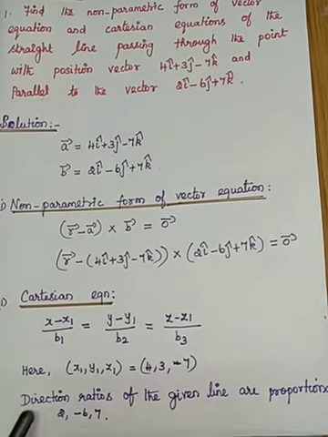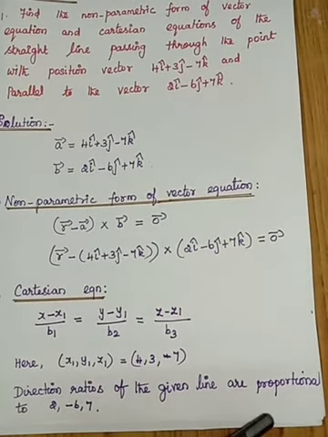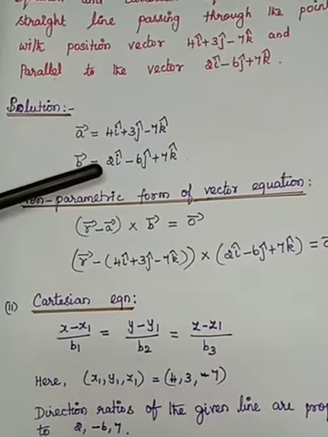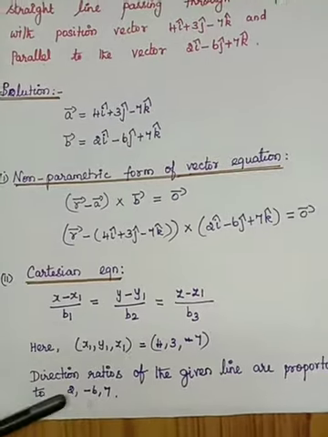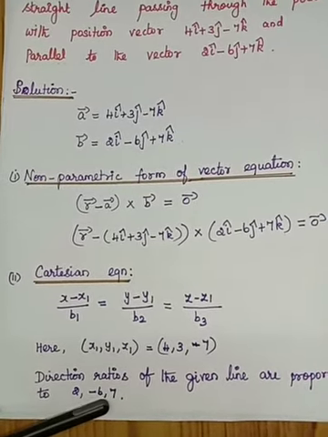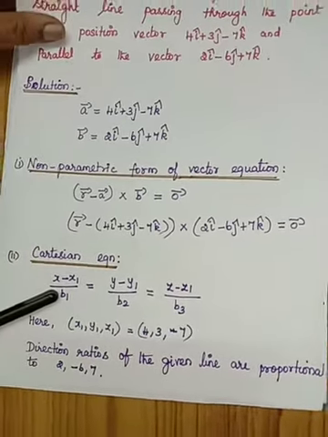They are the direction ratios of the given line, proportional to the parallel vector's ratios, which is 2, minus 6, 7. So your b1, b2, b3 is nothing but 2, minus 6, 7. You have to substitute these two results in the Cartesian equation.